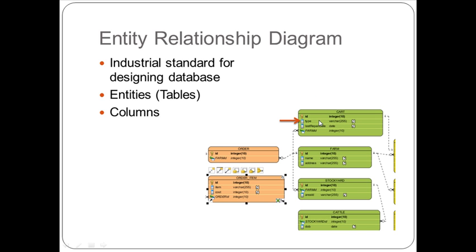You can also show the columns inside the tables, and the relationships. For example, one farm will have multiple orders, so you have a one to zero-to-many order relationship. So the entity relationship diagram is a very good visual form for showing the tables, columns, and relationships between the tables.